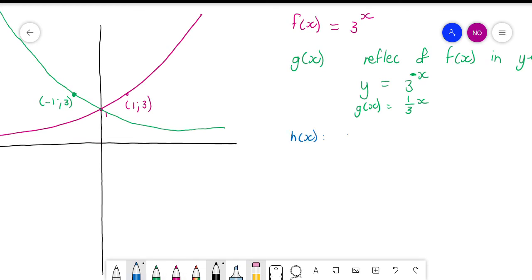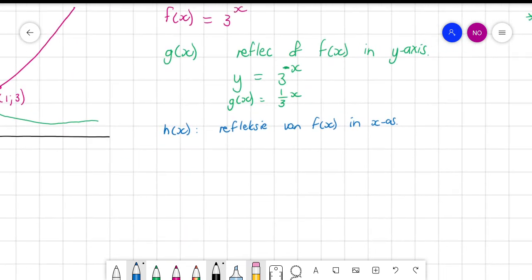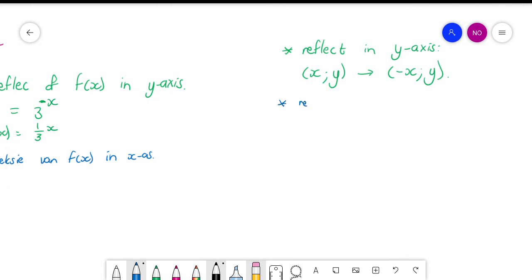Okay. The next one they ask us to draw is h of x, and it is a reflection of f of x in the x-axis. Okay. Let's quickly jump this side again. x becomes x, y becomes minus y. So the x value remains the same, but the y value changes sign.